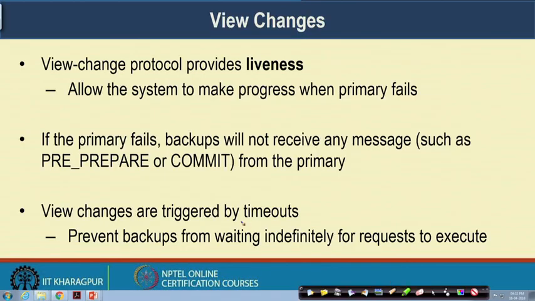Whenever you put this kind of timeout in the system, you have an assumption that if you are not receiving the message within this duration, then you consider that message to be lost and the primary to be faulty. So, here we are deviating from the pure asynchronous assumption.